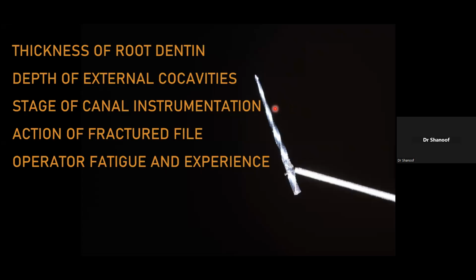So if the file was used in clockwise motion, you should use the ultrasonic tip in anti-clockwise motion.